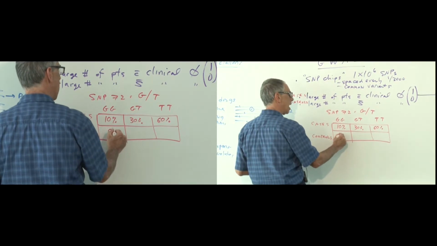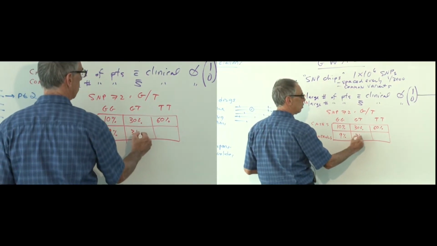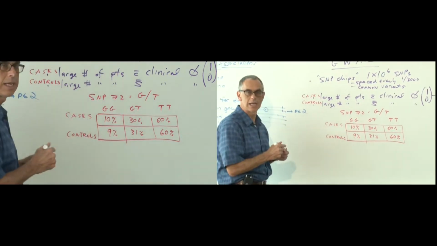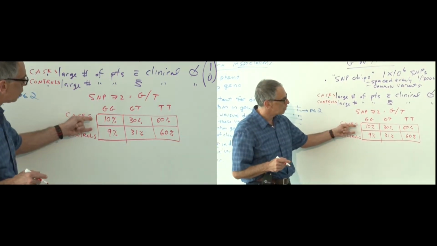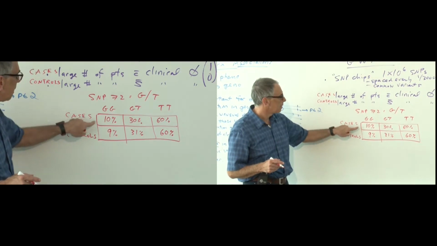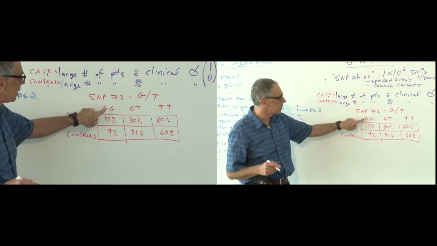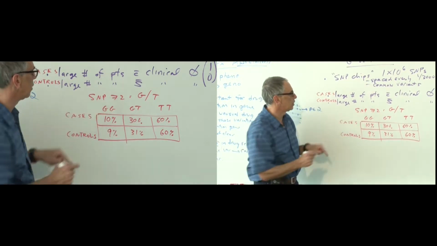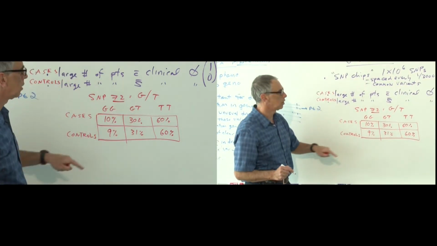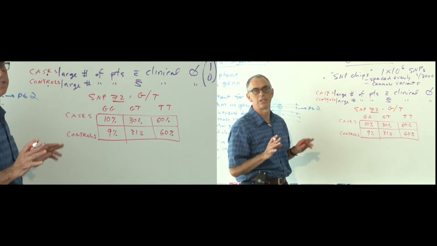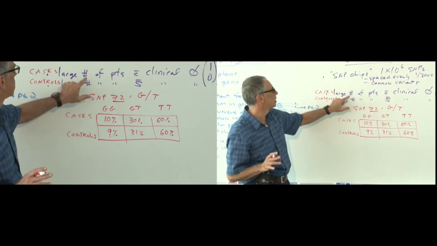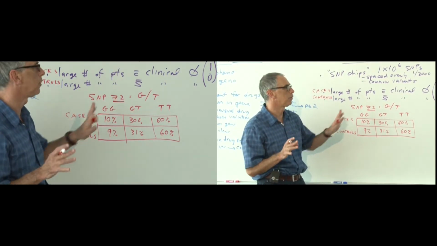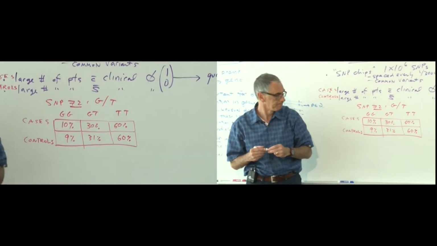So maybe this will be 9%, and this will be 31%, and this will be 60%. But when you do statistical tests, you say there is no difference between the frequency of the different genotypes at this SNP location 72, cases and controls. SNP 72 has nothing to do with this clinical phenotype of interest. It is not useful in predicting 1 or 0.